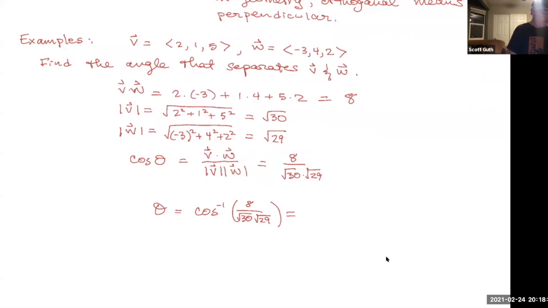Anybody? 24.26 degrees. You say 24? Why did you get 24 when I got 74? Oh, sorry. I got 74. Okay. Yeah. No, that's okay. 74.26 or whatever. So that's degrees.